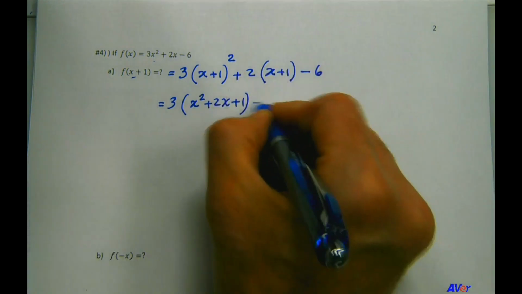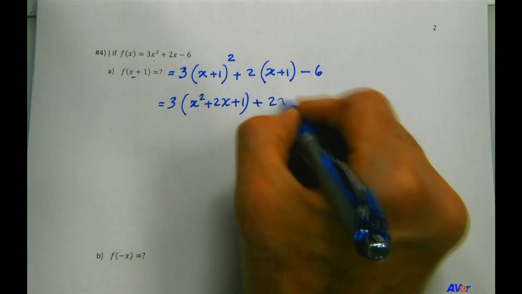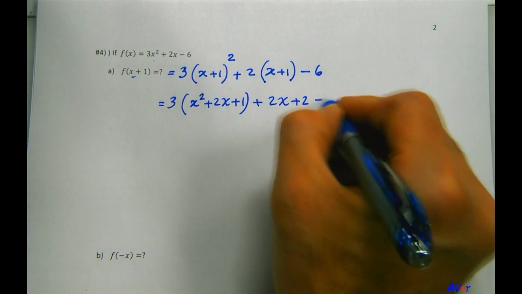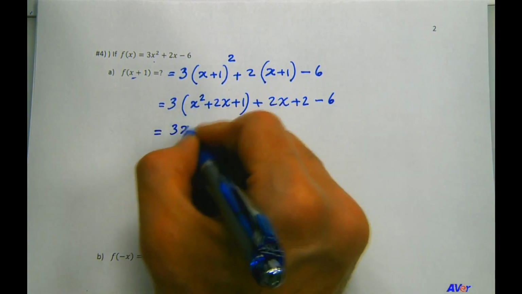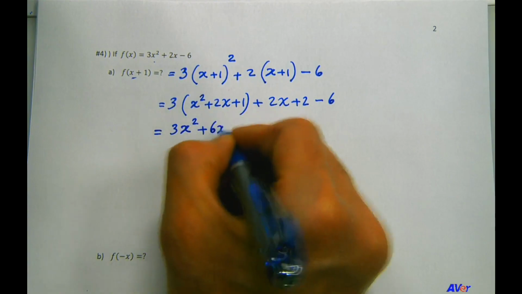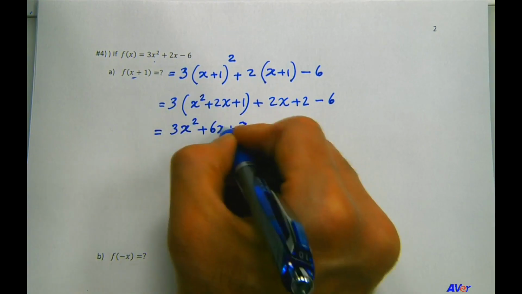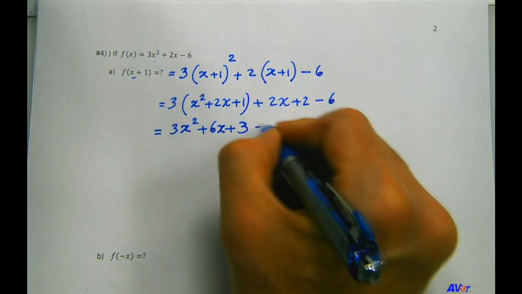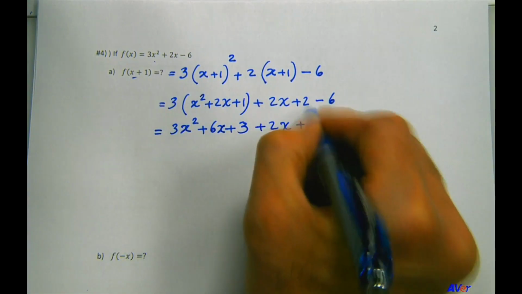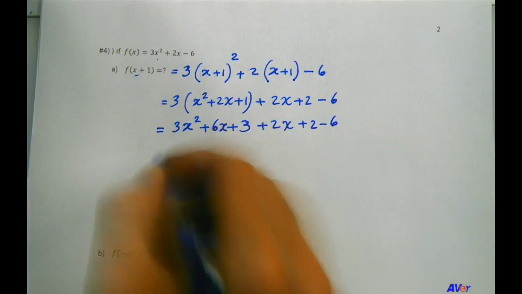So let's distribute this 2. We have 2x plus 2 minus 6 equals, let's distribute the 3, 3x squared plus 6x plus 3, right? I'm distributing the 3 into this parentheses, plus 2x plus 2 minus 6.